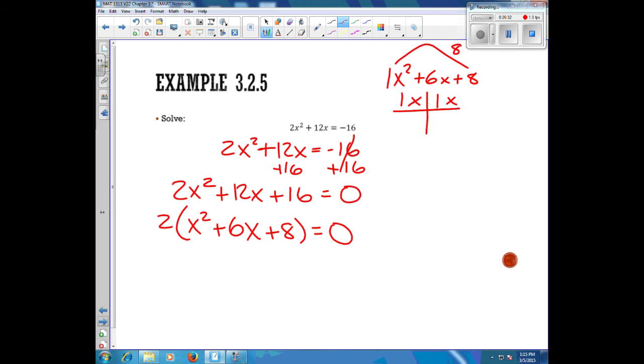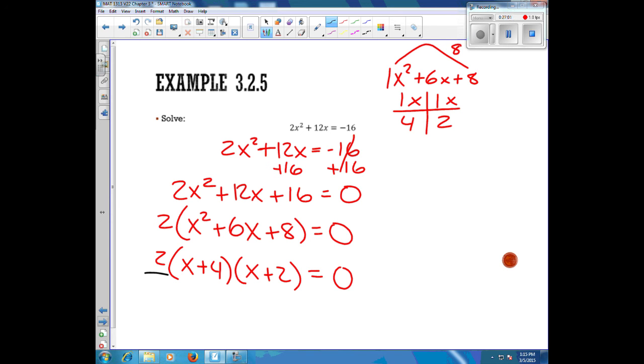And so 4 and 2. And so when we factor this, we get x plus 4 and x plus 2. Notice that I kept the 2 in front, and let's just keep the equation the same.